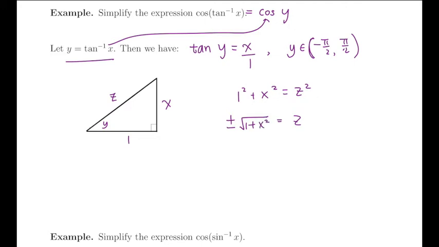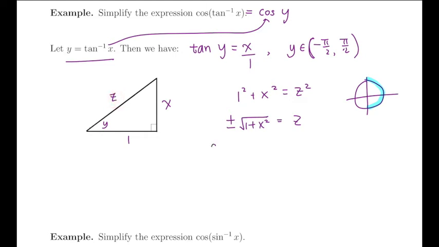But remember that because we have this restriction, you have a unit circle and you're only looking at the angles from here to here. And you should notice that cosine is always positive in that region. So that means since cosine is 1 over z and 1 is positive, z must also be positive.